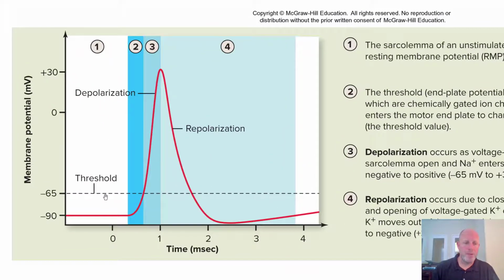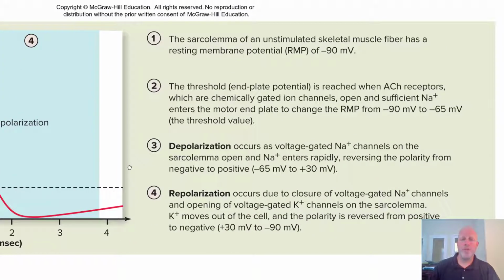So we have basically that threshold here, at negative 65. You see depolarization occurring, and the repolarization returns and brings us back down after it gets as high as plus 30, back down toward negative 90. And it all happens in basically a couple of milliseconds, an extremely short period of time.